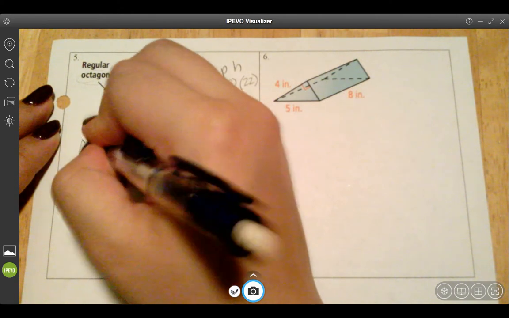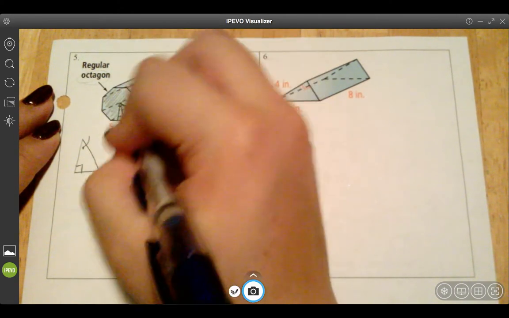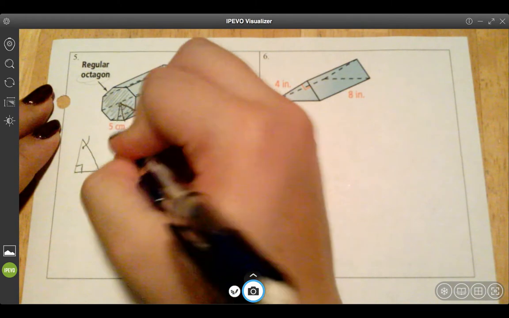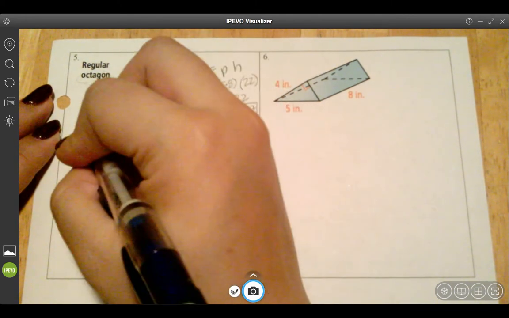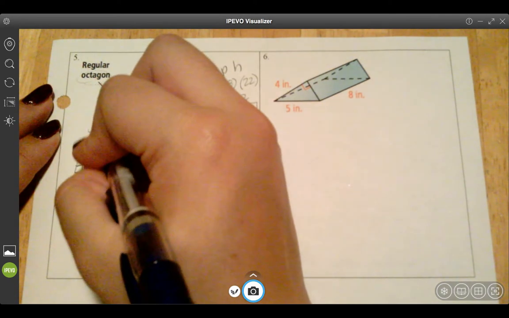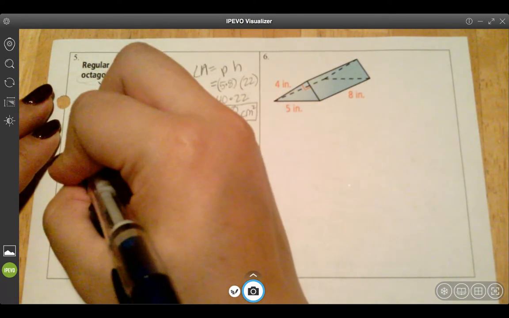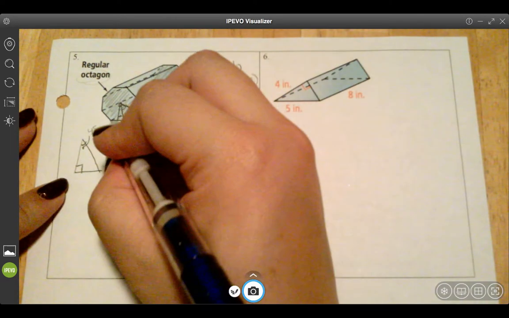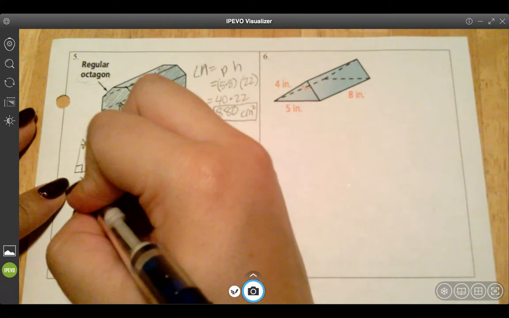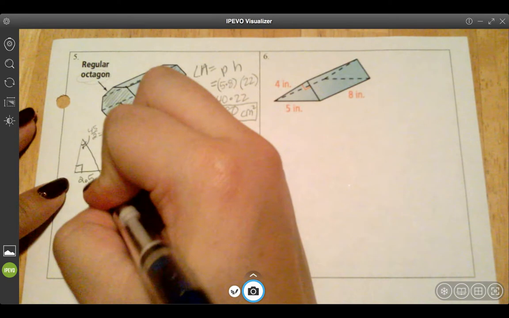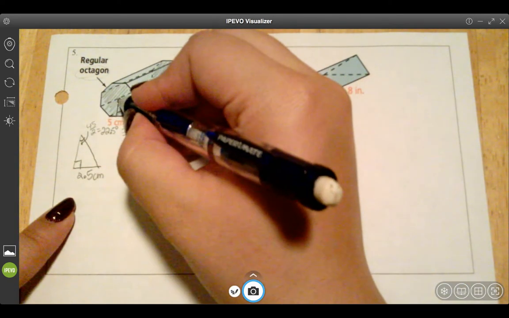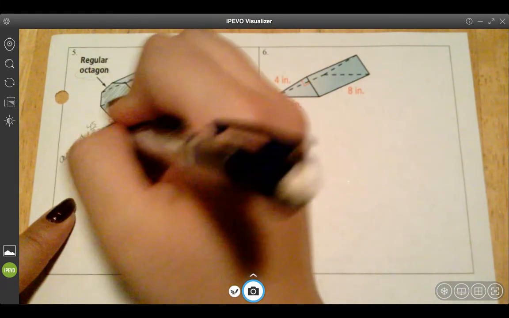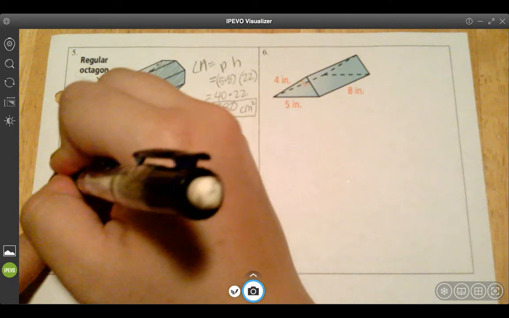This angle is 360 divided by 8, which is 45 degrees, and then divide that by 2, which is 22.5 degrees. And then we know our side length was 5, so this is half of that, 2.5 centimeters. Half because, remember, I make a central angle and then I cut it in half by the apothem. So this is my apothem, this is my radius, this is half of the side.